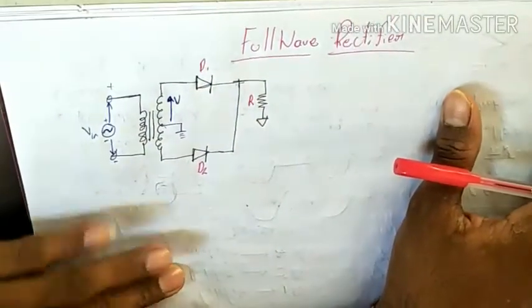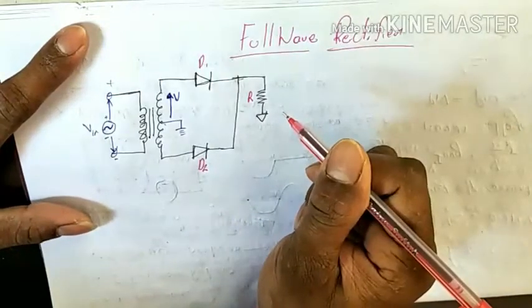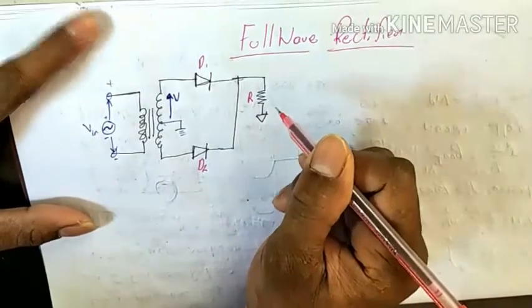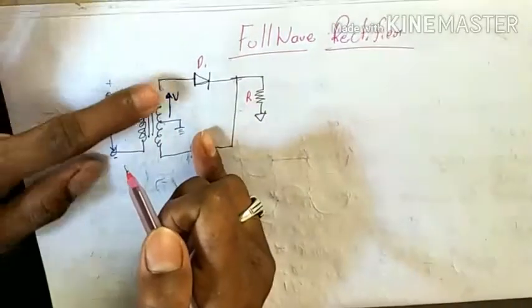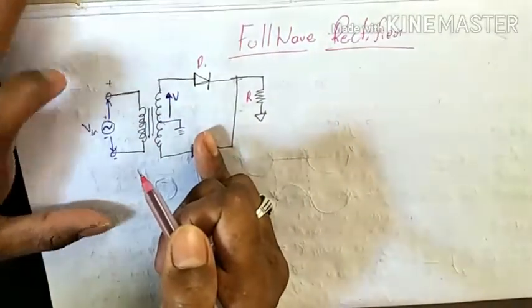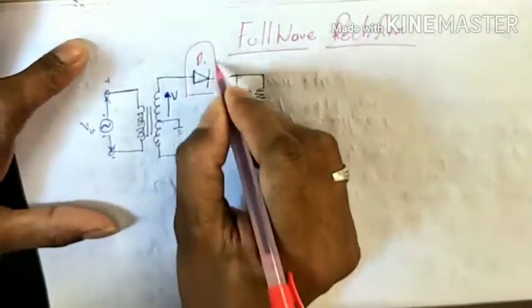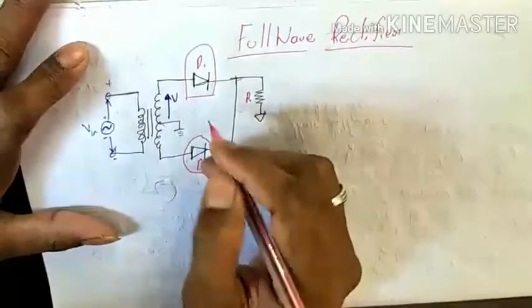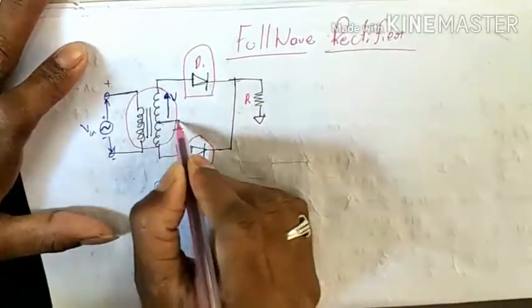Now we are discussing the full wave rectifier. In the previous video we discussed the half wave rectifier, which has only one diode. This full wave rectifier has two diodes and one center tapped transformer.